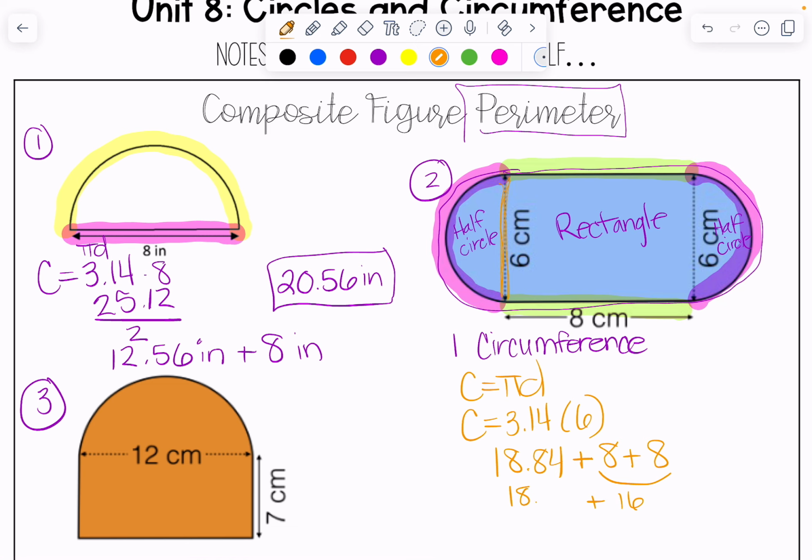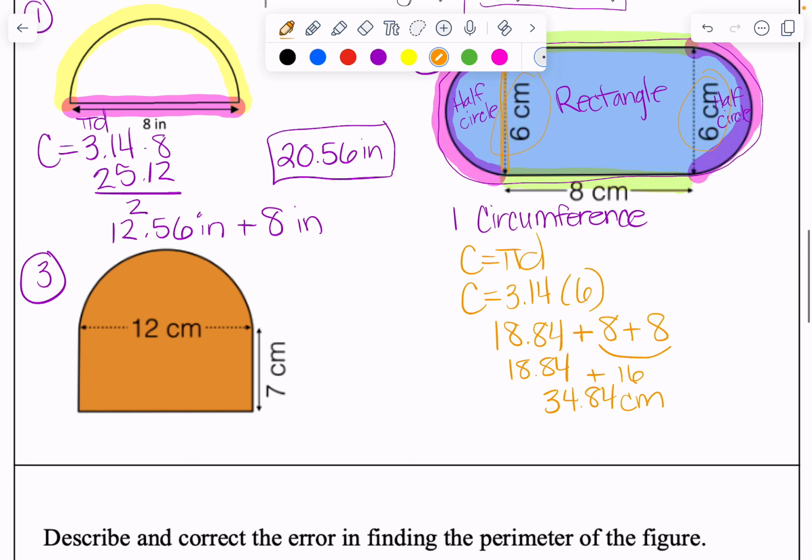So we're gonna do 18.84 plus 16 and get 34.84 centimeters. Now, one thing I wanna point out is that even though we had some half circles on this shape, remember, perimeter is just the outside edge. So that's part of the reason why we didn't have to add back on these 6s or anything like that, because they're not part of the outside edge of that shape.